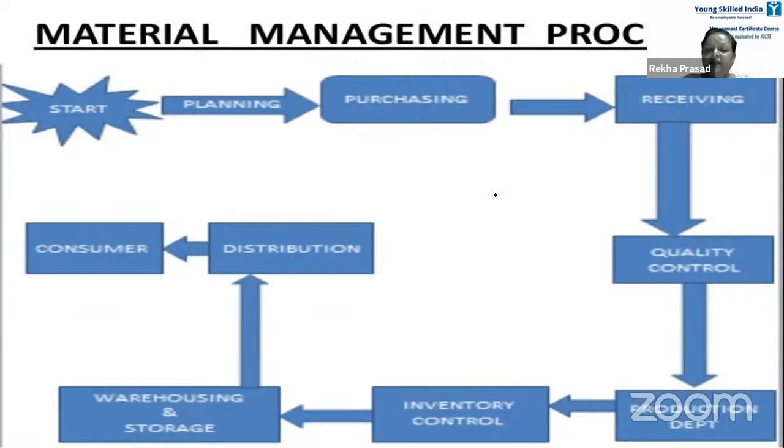So quality control is very important, because after all, it is not the raw material or the finished good or anything. It is the quality of the final product which is going to affect the image, the goodwill, the prosperity of your company. So quality control is very important.